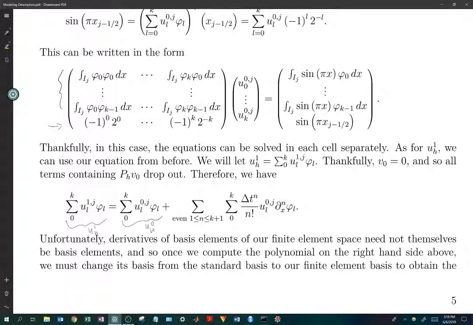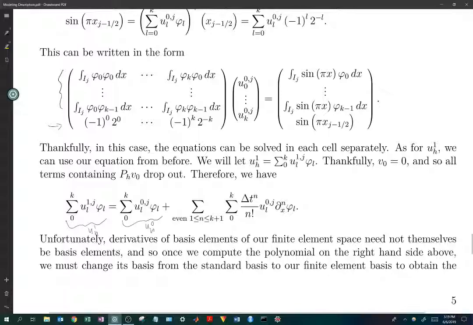Alright, so here's the issue. When we compute this, we're taking derivatives of our basis elements. And when you take a derivative of a basis element, that doesn't necessarily give you a basis element.